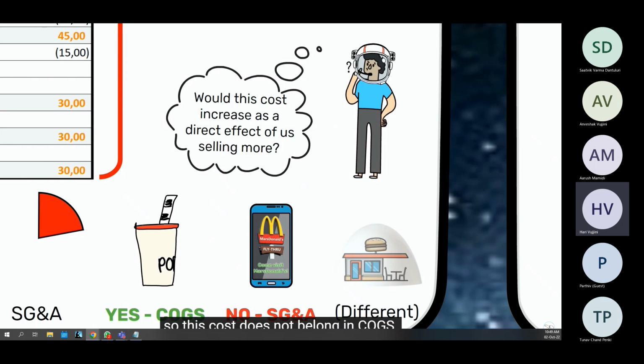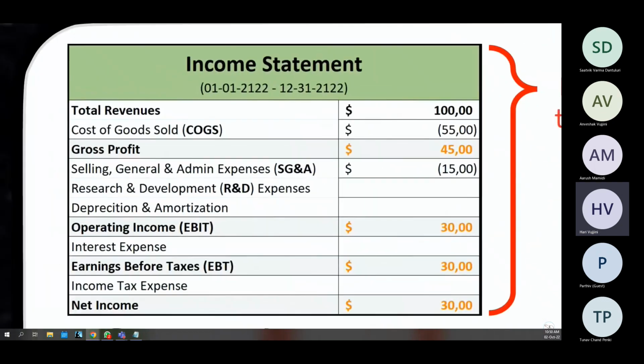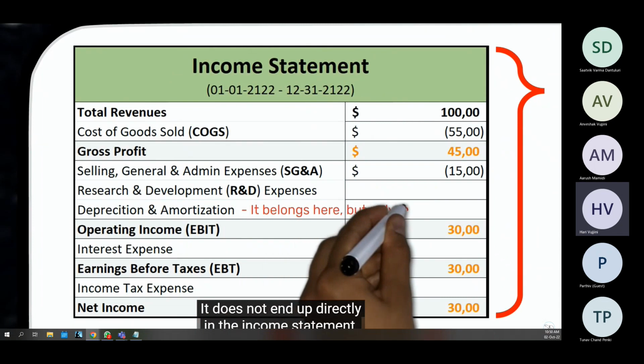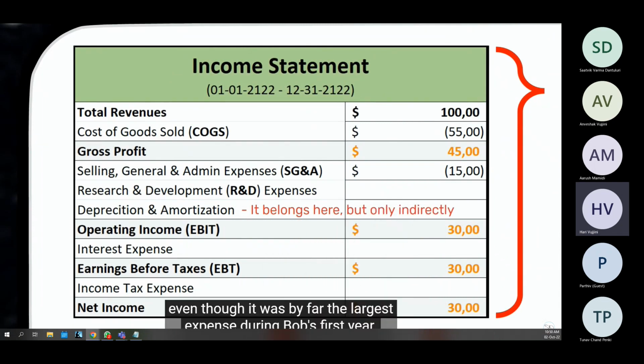So this cost does not belong in COGS. But it does not belong in SG&A either. It does not end up directly in the income statement, even though it was by far the largest expense during Bob's first year. This might sound a bit strange, but just a minute.